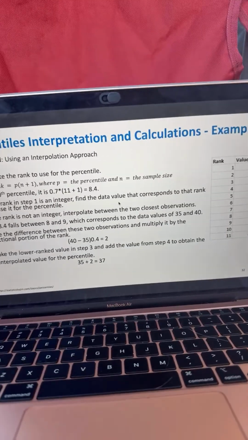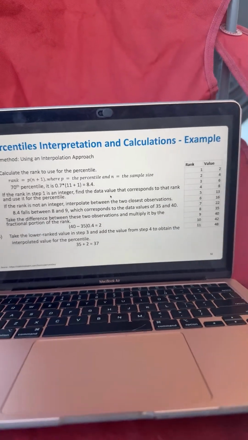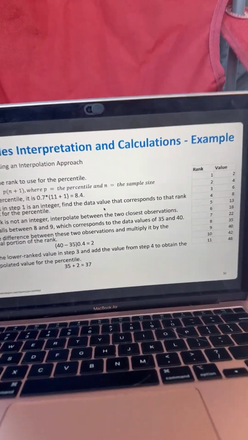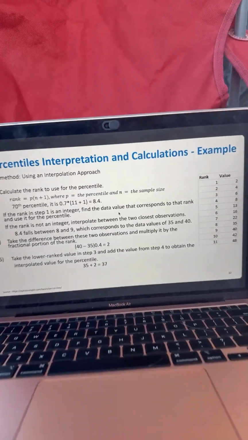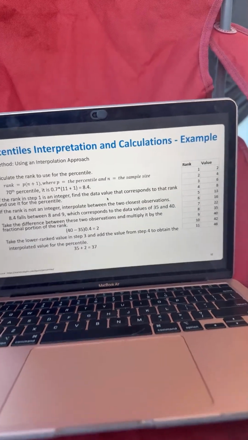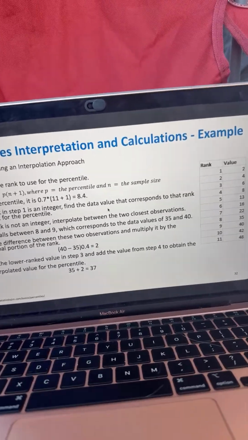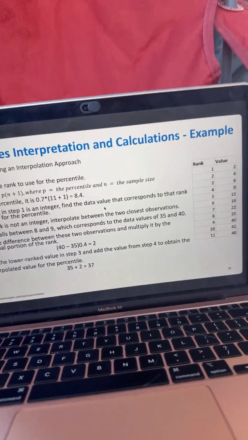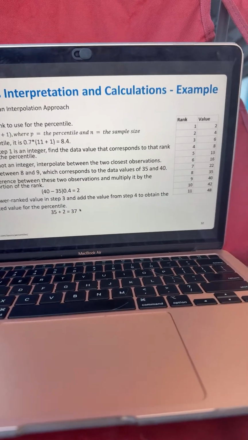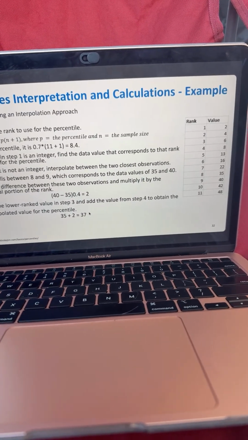So what is the fractional portion of the rank? 0.4? Why is that the fractional part? I guess because 40 divided by 100, or just 11 though. Let's see. 8.4.